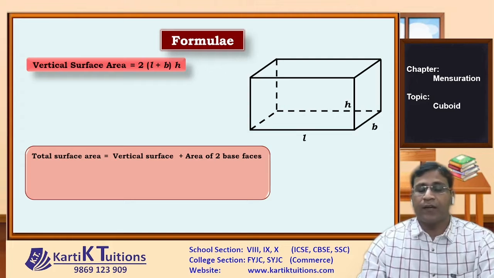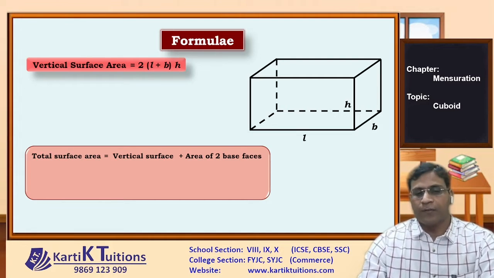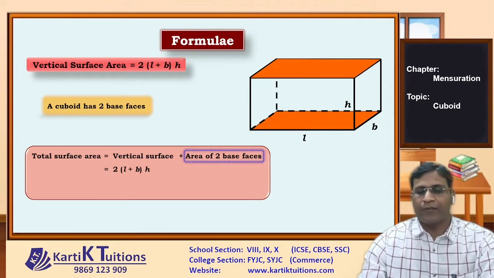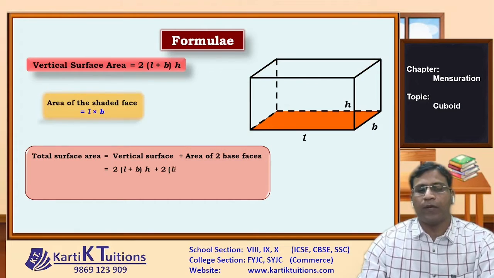Base faces are nothing else but horizontal faces. Now vertical surface area we know: 2 into (L plus B) into H. Now the area of base face. See, the base is a rectangle, and area of rectangle is length into breadth. So here it will become L into B. But there are two such faces, so it becomes 2 into L into B.